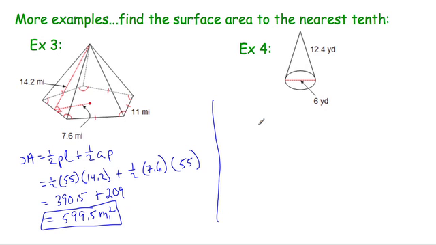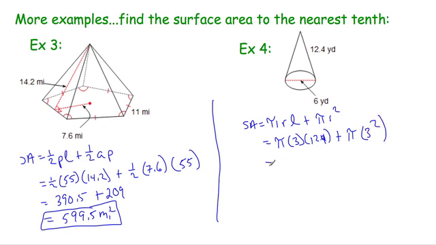So we have our surface area equals our lateral area, pi r L, plus area of the base, pi r squared. All right. So pi times my radius. If my diameter is 6, my radius is 3. My slant height is 12.4. Plus pi times 3 squared.